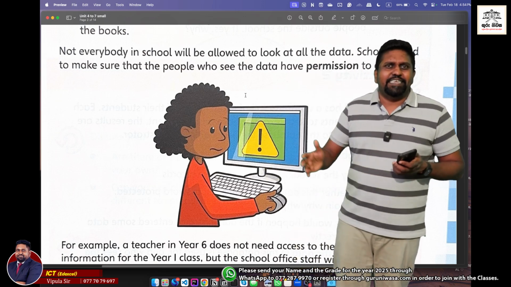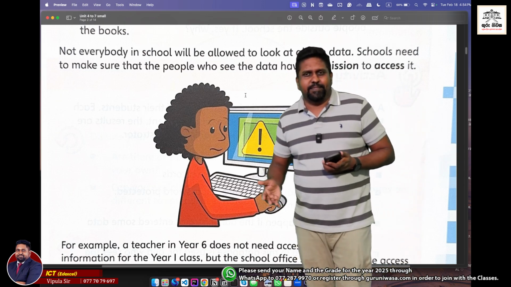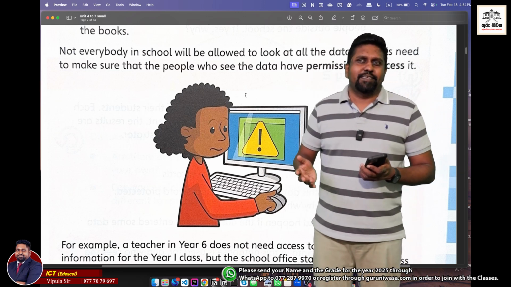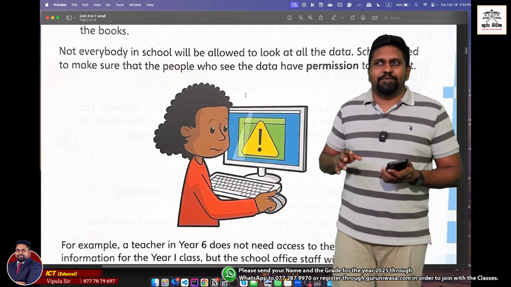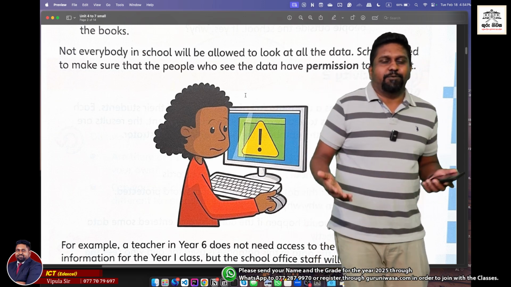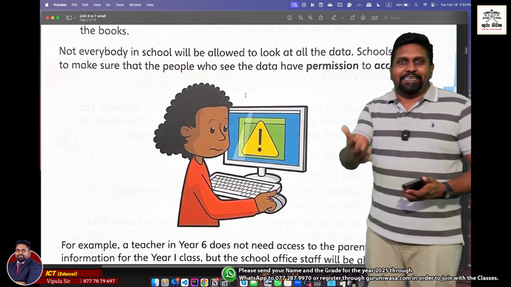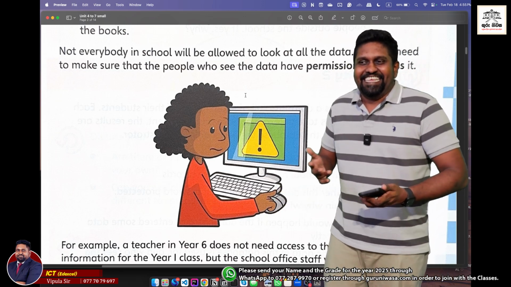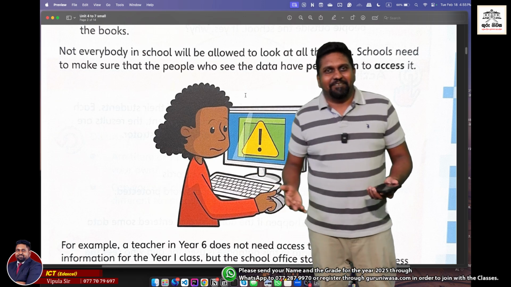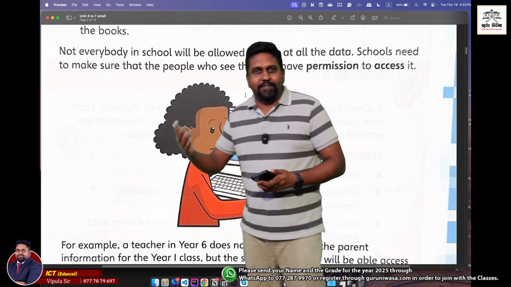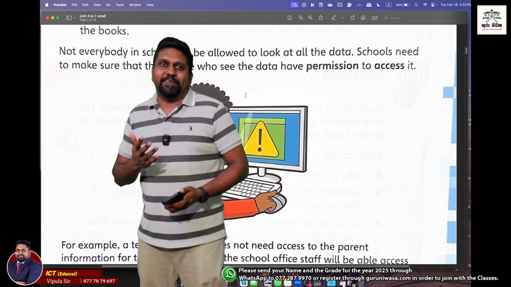So basic details they should be able to access. But does the class teacher need to know where your parents work, or how much your parents earn a month, or your parents' salary? No, right? Technically no. They don't need to know that information because that is something private or personal to you.